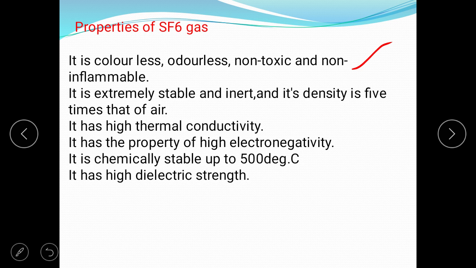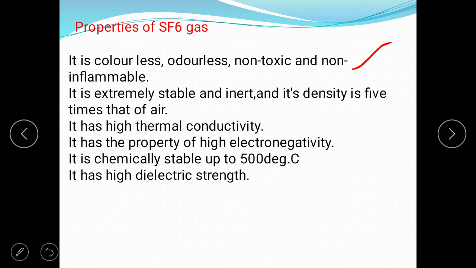Second, it is extremely stable and inert, and its density is 5 times that of air. Means this gas is stable at high temperature and pressure, and also inert, with density greater than air and oil insulating medium.